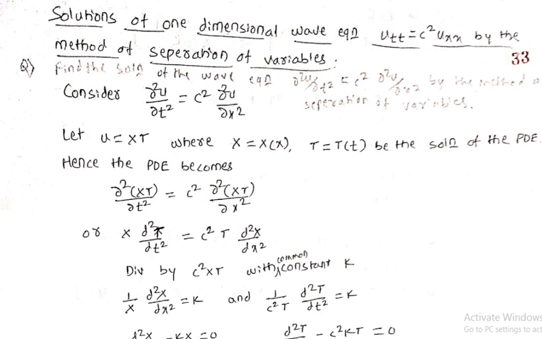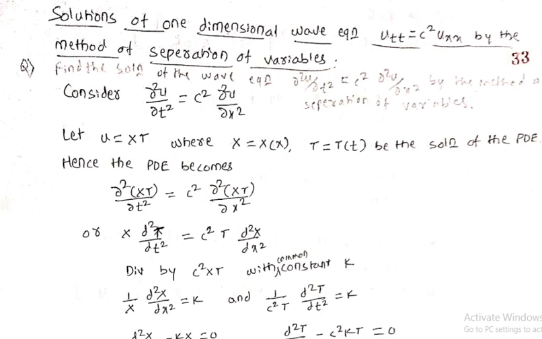When the phrase method of separation of variables comes, we use the standard wave equation and substitute u equal to capital X and capital T, then find the roots and also transform the partial differential equation into ordinary differential equations. So now we will prove the one dimensional wave equation by the method of separation of variables.